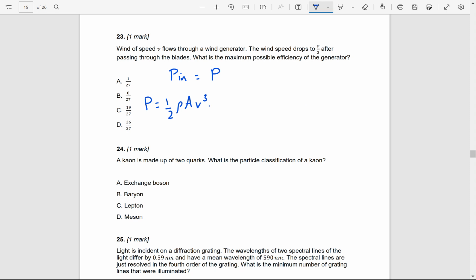The only thing that is changing here is V. So the V is dropping to V over 3.